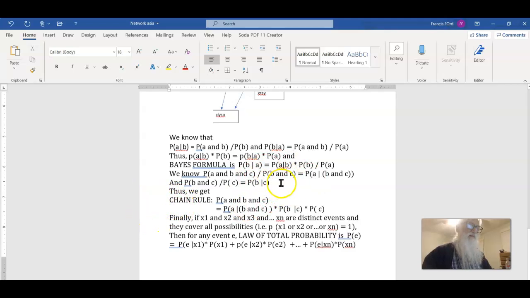If we want the probability of all 3 of them at once, then that equals, from this formula, P of A given B and C times P of B and C. But P of B and C equals P of B given C times P of C. They line up pretty well.